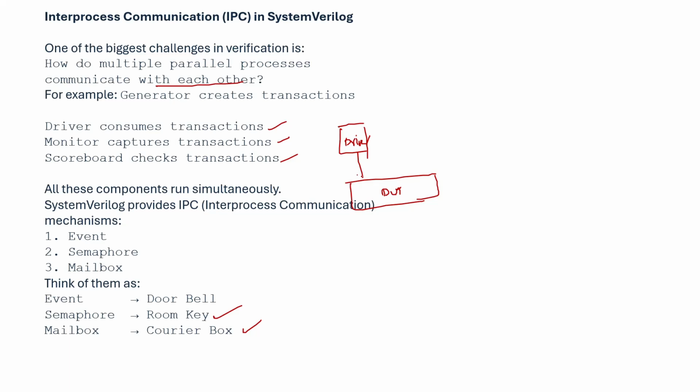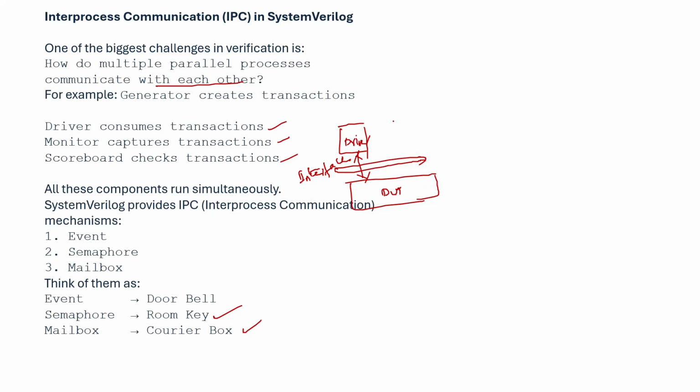The driver transmits signals to the DUT through an interface, a virtual interface or normal interface. The driver communicates in two-way directions, because sometimes the DUT gives signals and sometimes the driver gives signals to the DUT.